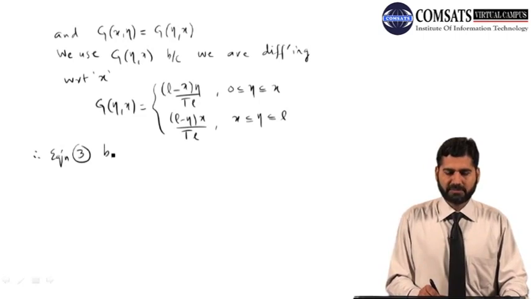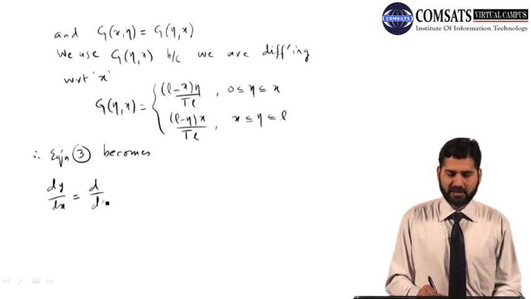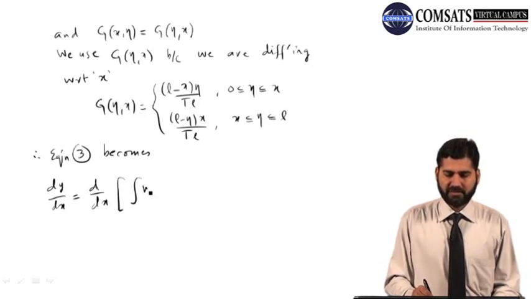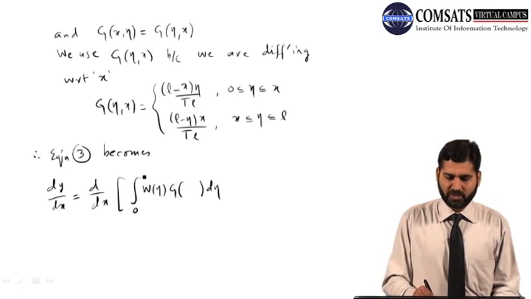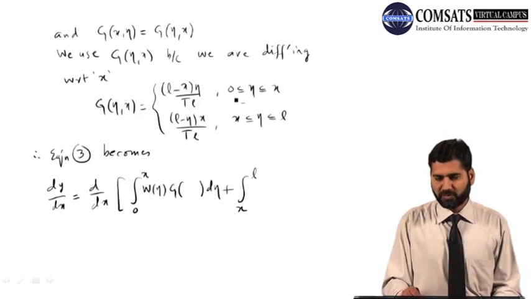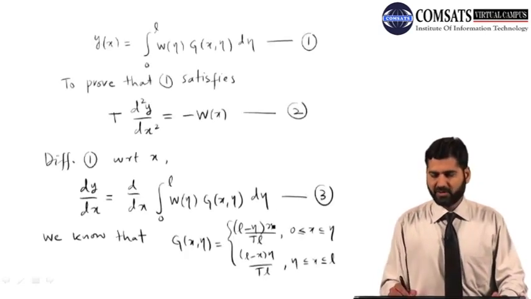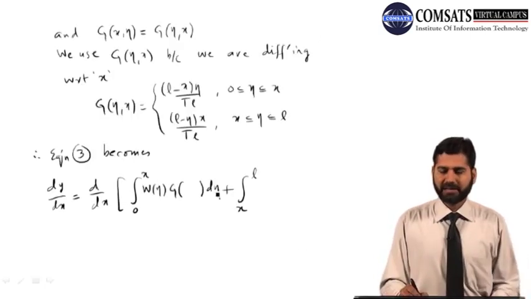So equation 3 becomes dy/dx is equal to d/dx of the integral of w(η) g(η, x) dη, where η goes from 0 to x plus η goes from x to L. Here our integration variable is η.